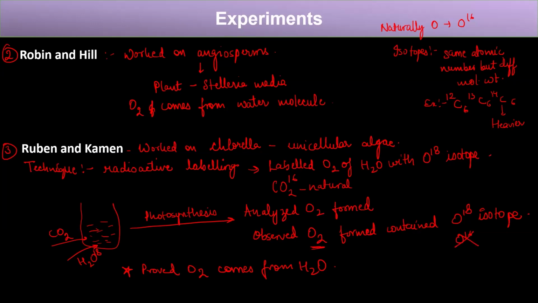So it was proven that oxygen comes from water rather than carbon dioxide. With this, we have completed all the early experiments that were performed to prove what factors or components are required for the photosynthesis process.